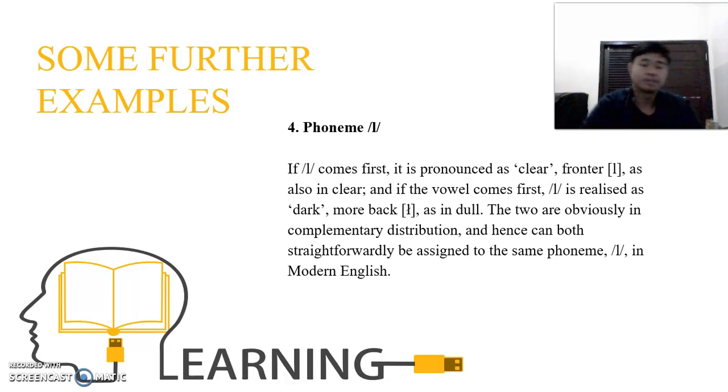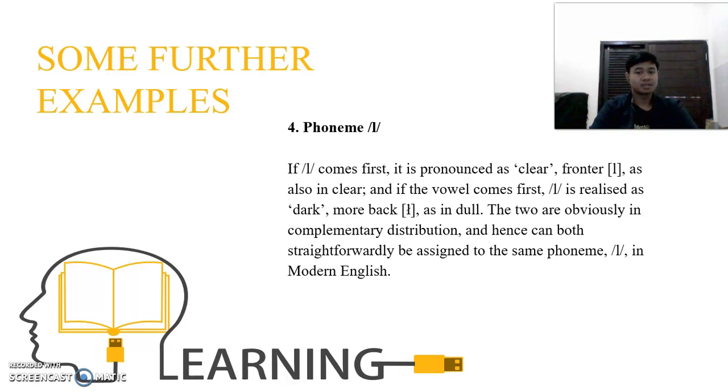For the last one, phoneme L. For the last example, let us turn to a phoneme we have not considered before, namely L. L has only two main allophones in English, depending on its position in the word.